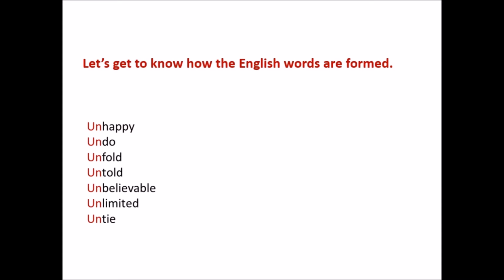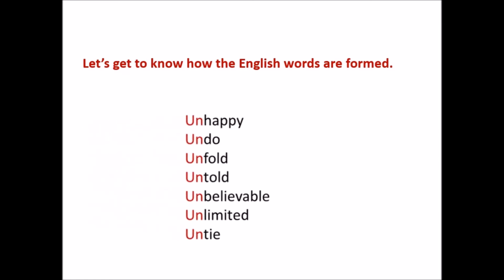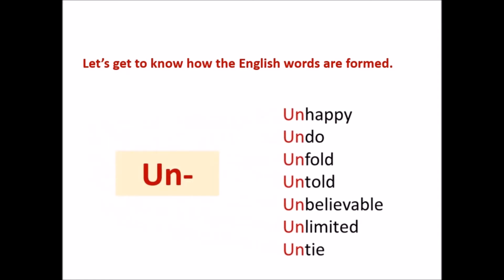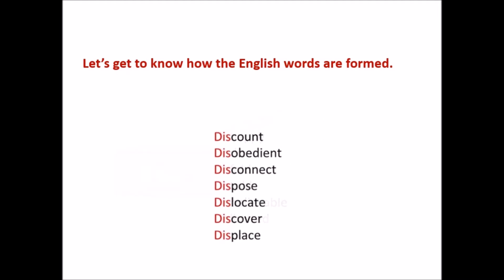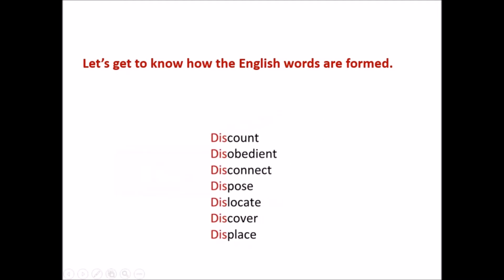So what we have done here, we have added a few letters in the beginning of a word to change the meaning of the word or to reverse the meaning. Okay, next set of words. Discount.